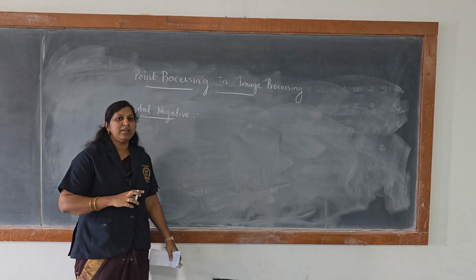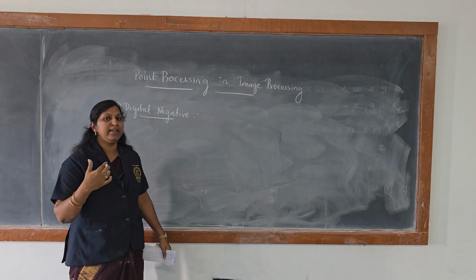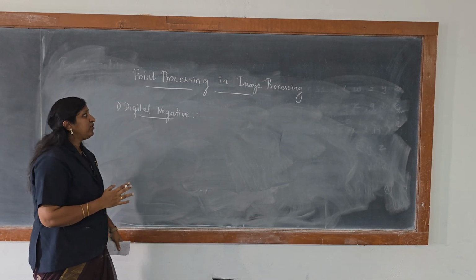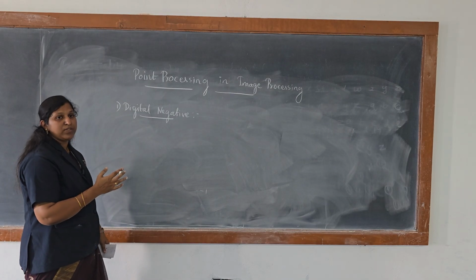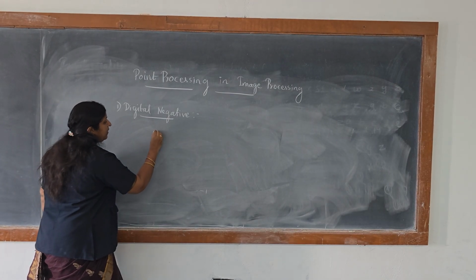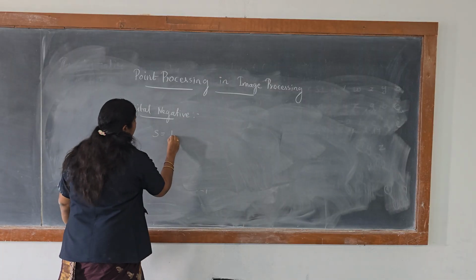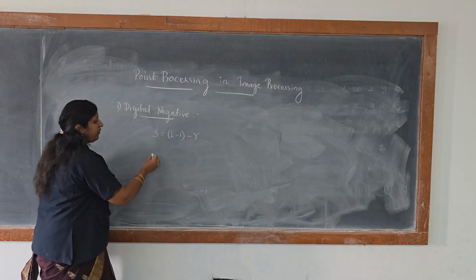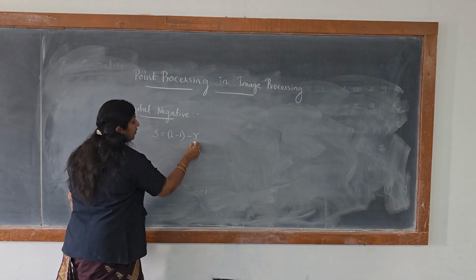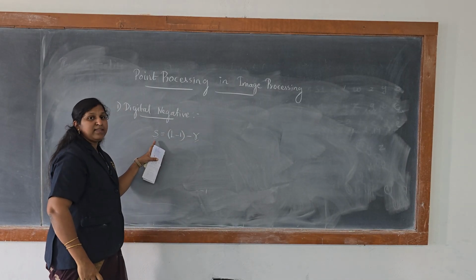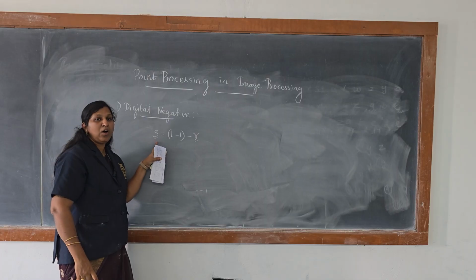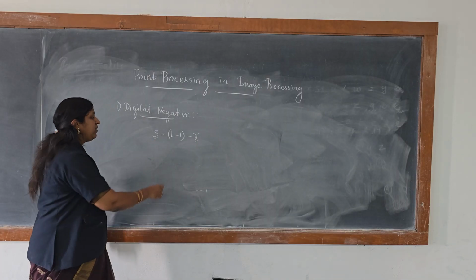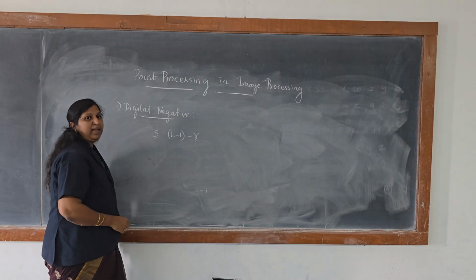If you have an input image and you want the negation or negative form of the image, we can use this technique. This is a kind of point processing technique. Here the formula is S is equal to L minus 1 minus R. S is a pixel value of the output image and R is a pixel value of the input image. Now we need to know L.